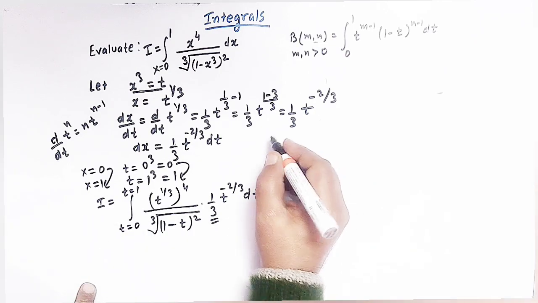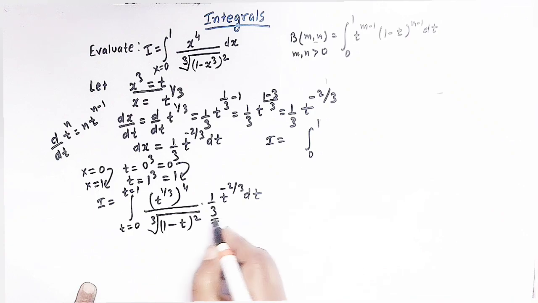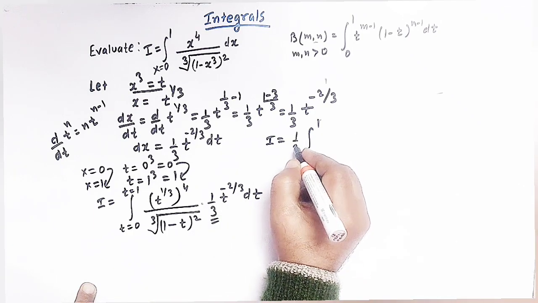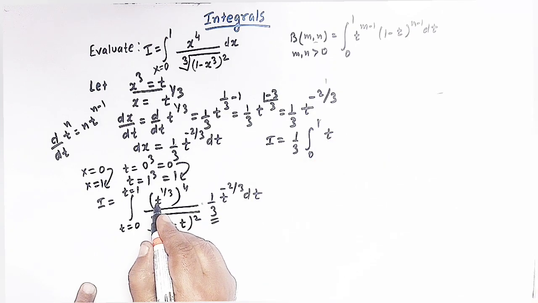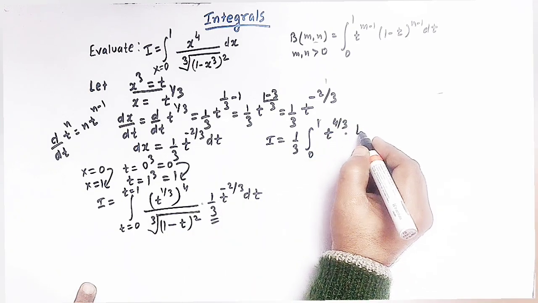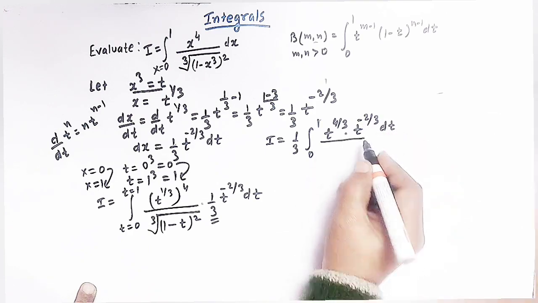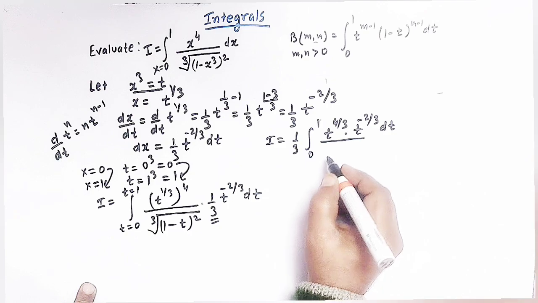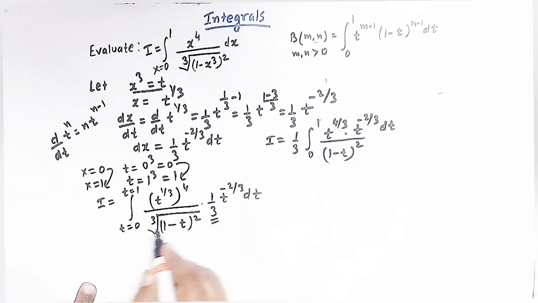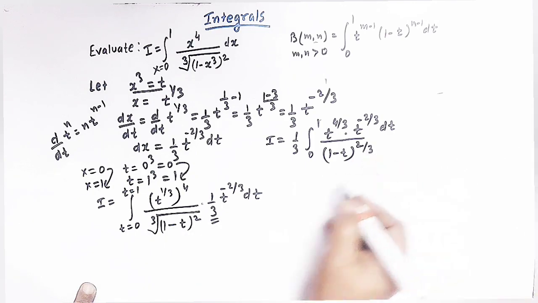So now we can write this integral I as 0 to 1, and here we can take this term 1 over 3 outside the integral. Then we have t raised to 4 over 3, and here we have t raised to minus 2 over 3 dt, and in the denominator we can write 1 minus t squared, and here we have the cube root, so here we can write 2 over 3.